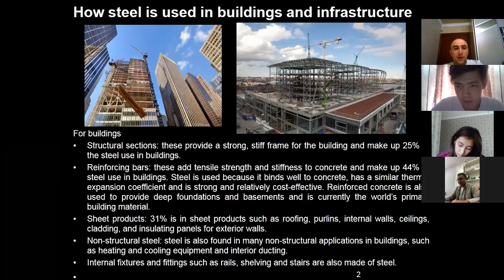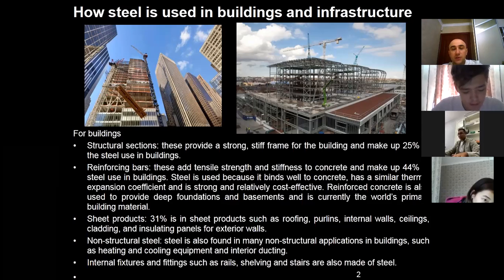So all these applications are where steel is still one of the most important materials, and sometimes no other type of material can be used instead of steel, according to the characteristics I told you above.